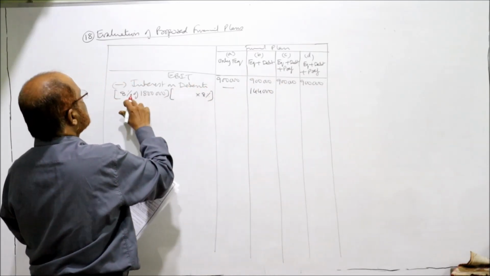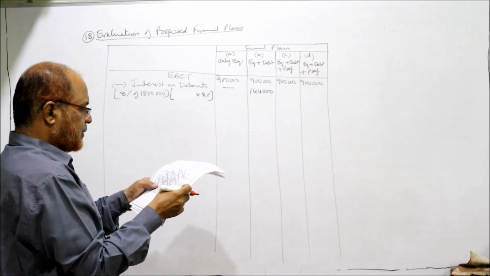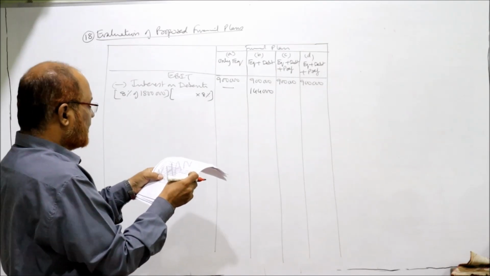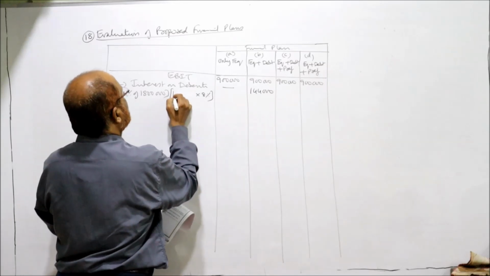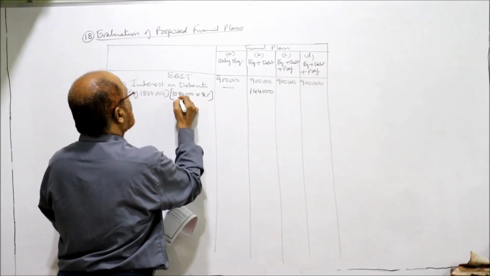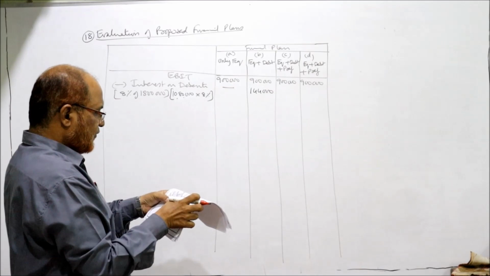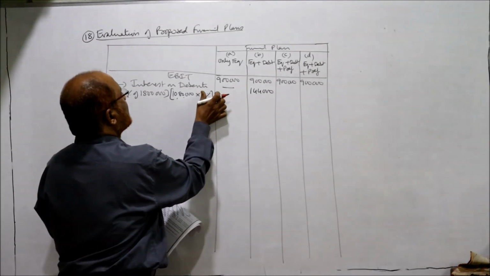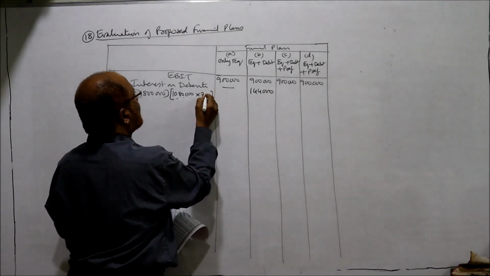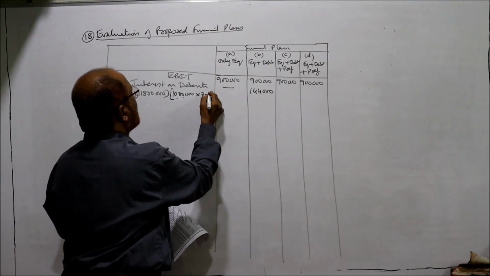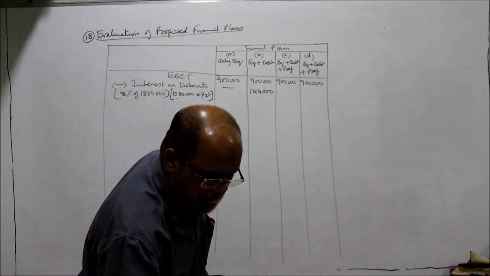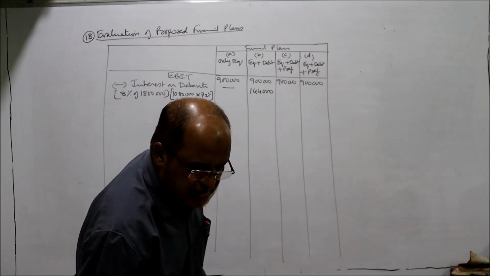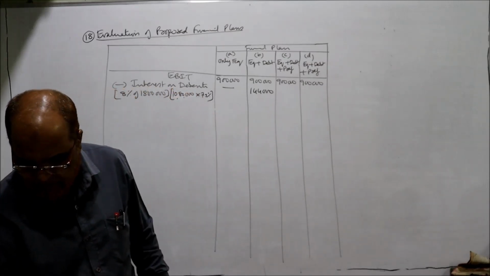Sorry, second plan we have already taken. Third point is 30% as debt, so 10,80,000 into the rate of interest 7.5%. 10,80,000 into 7.5%, 81,000 we are getting, right.